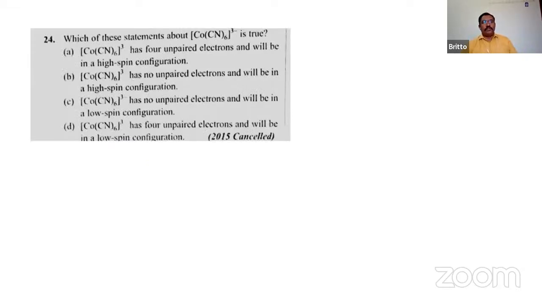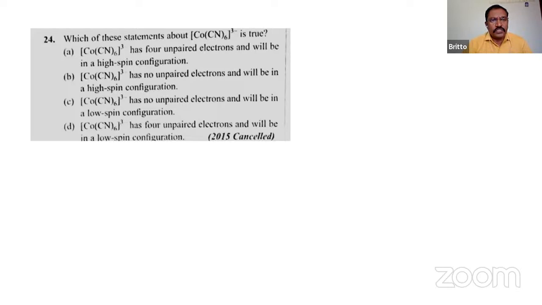Now, which of these statements about hexacyanocobaltate(III) is true? The first statement: [Co(CN)6]3- has 4 unpaired electrons and will be in a high spin configuration.